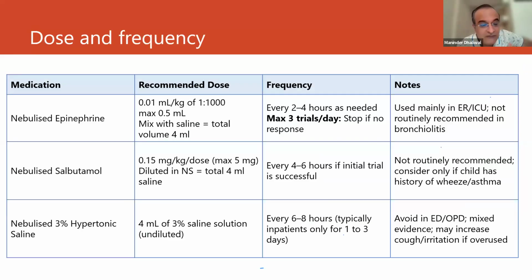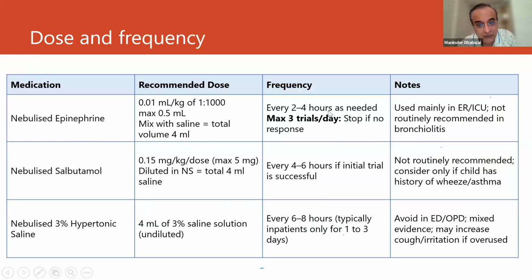Let's see the doses and frequency of epinephrine, salbutamol, and 3% saline. Anything in nebulization should be a maximum of 4 to 5 ml. For epinephrine, 0.01 ml per kg of 1 in 1000, maximum 0.5 ml, mixed with saline to make a total of 4 or 5 ml.